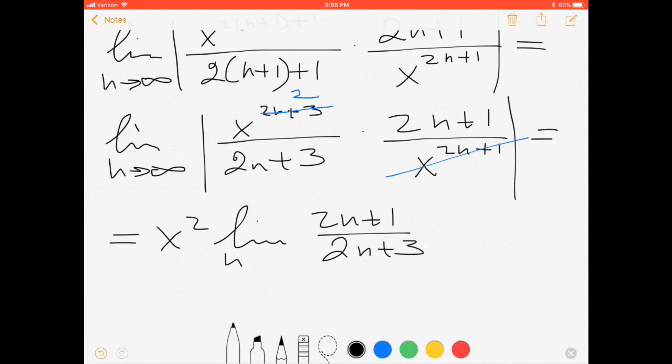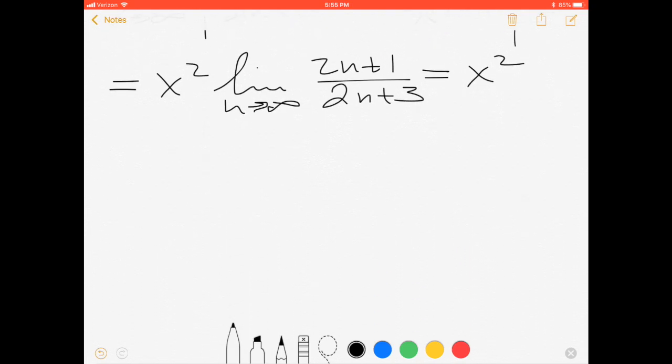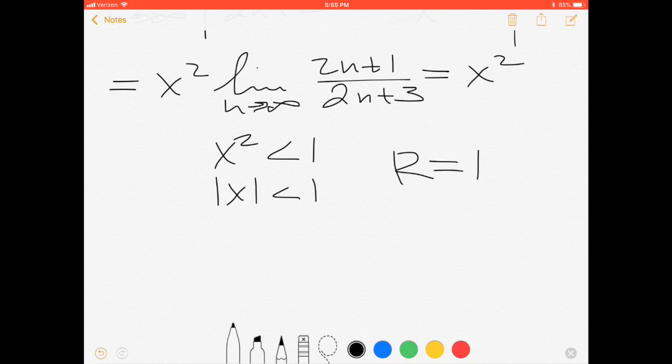This limit is equal to 1. This means here I have x squared less than 1, so absolute value of x is less than 1. The radius of convergence equals 1. x stays between -1 and 1. This means our interval of convergence is between -1 and 1.